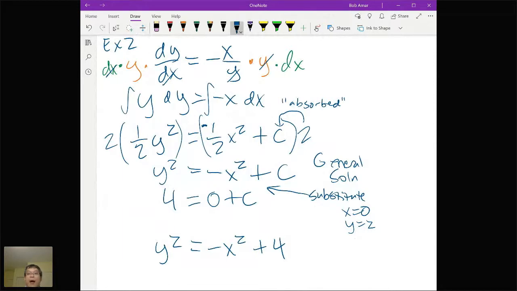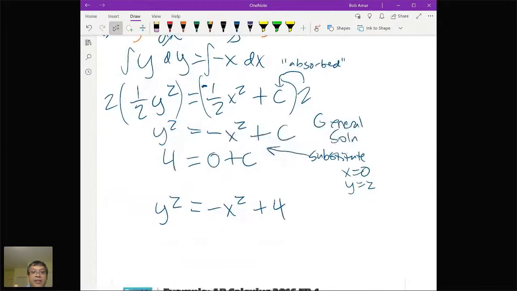And the question is, am I done? And in this case, for a particular solution, it has to be a function. And if it asks for the solution passing through a point, it is a particular solution. The AP exam in general is very good about writing that it wants a particular solution, but your textbook may not be as good.